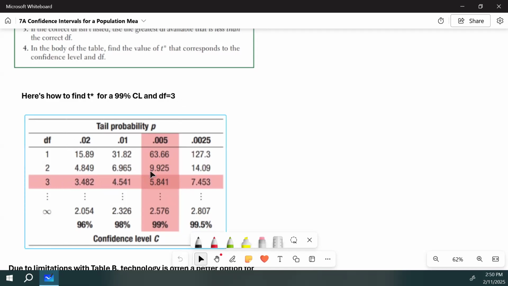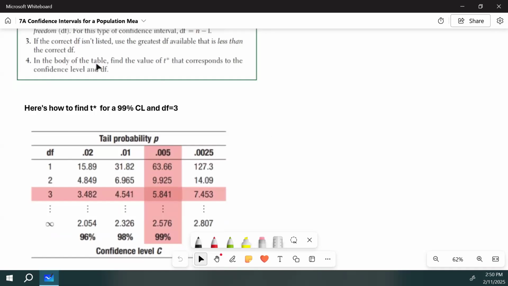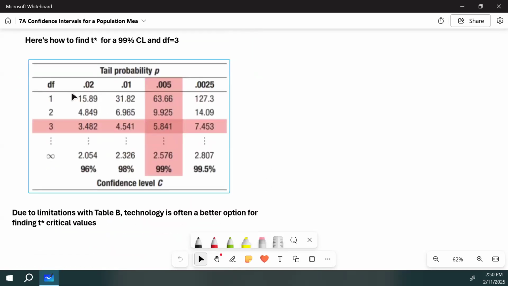So if you go across from 3, also a note: if the correct degrees of freedom isn't listed, you just use the greatest degrees of freedom available that is less than the correct degrees of freedom. Typically a T table is going to go like 1 through 10 or 1 through 20.